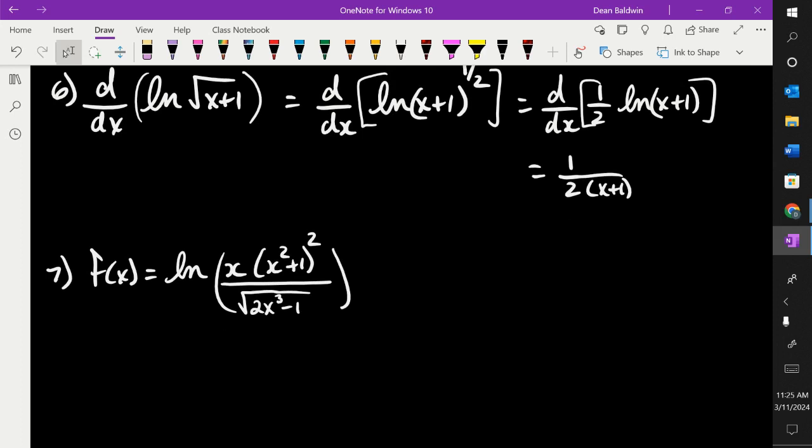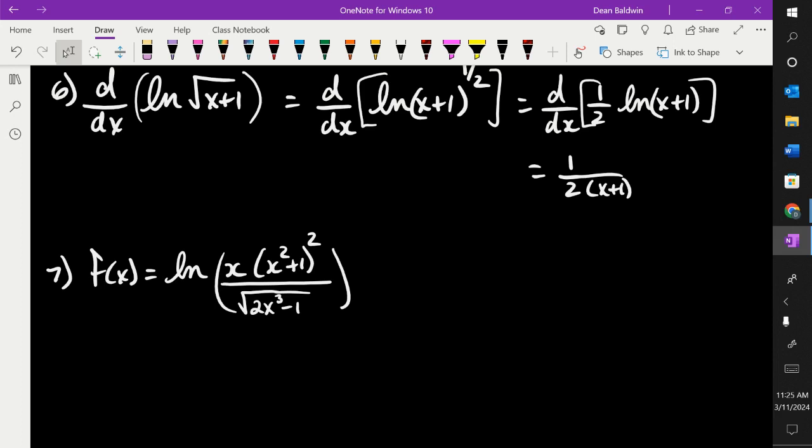Doing the derivative of this would be a nightmare. Because what you'd have to do, if you were just going to do it without using log rules, is 1 over the argument. This is the argument. So your first step is 1 over this junk times the derivative of that, which is going to be a chain rule, product rule, quotient rule question. That's going to get real big and gross.